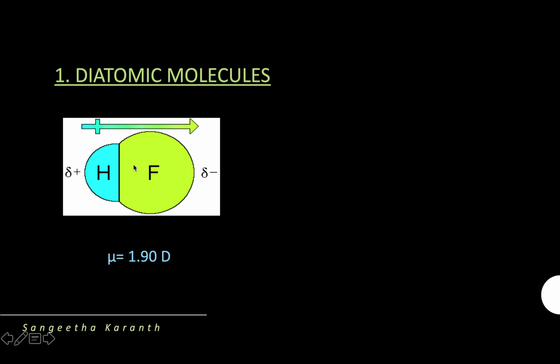So here, fluorine is more electronegative, so we write an arrow pointing towards fluorine. This is a representation of the dipole moment, which is in the direction of the electronegative atom. And the dipole moment of this molecule is 1.90 Debye.